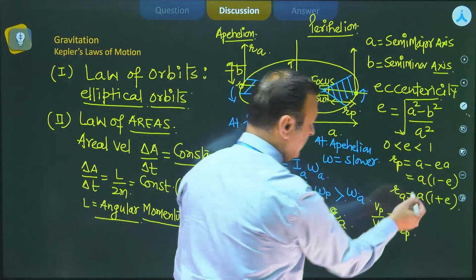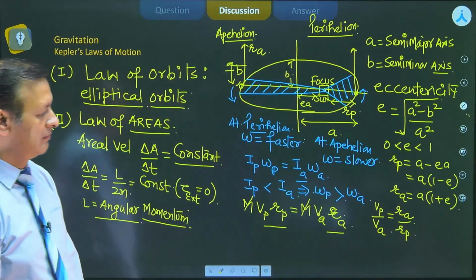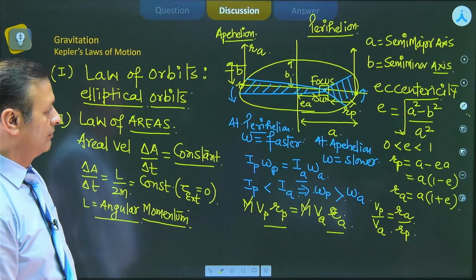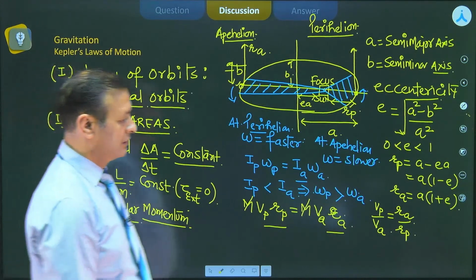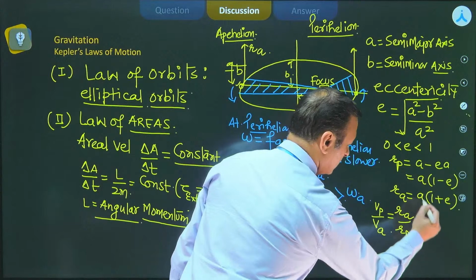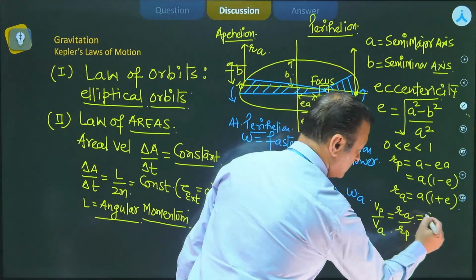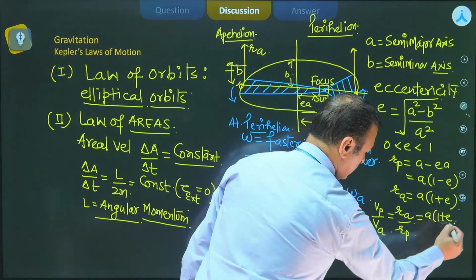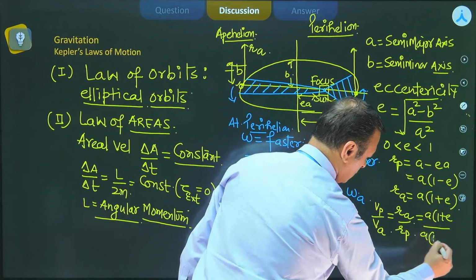So we know Ra and Rp. You got it? So Ra is a times (1 plus e), and Rp is a times (1 minus e).